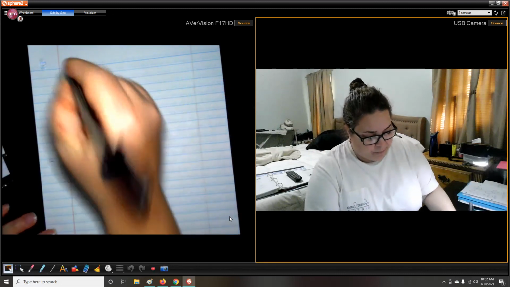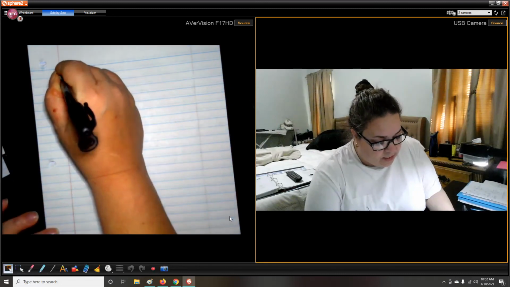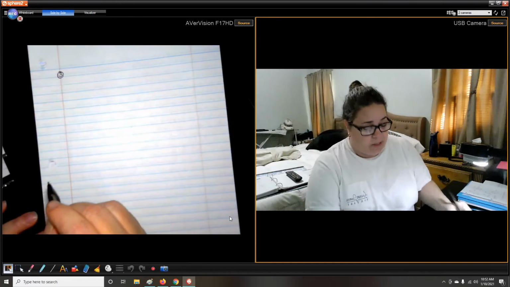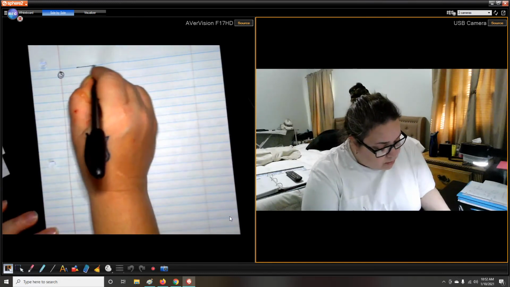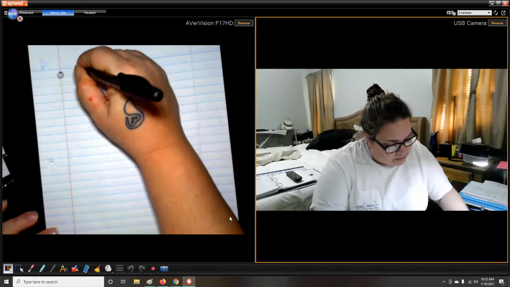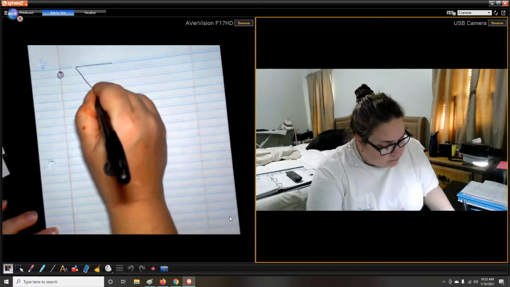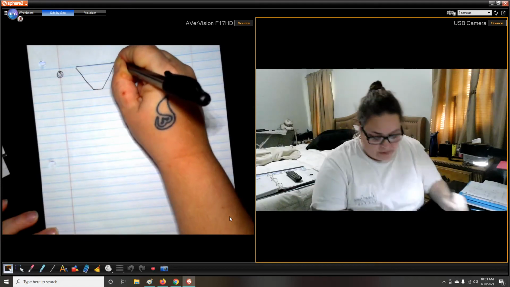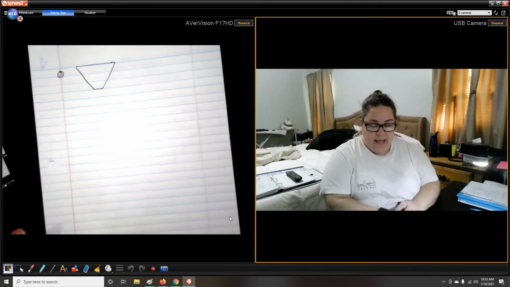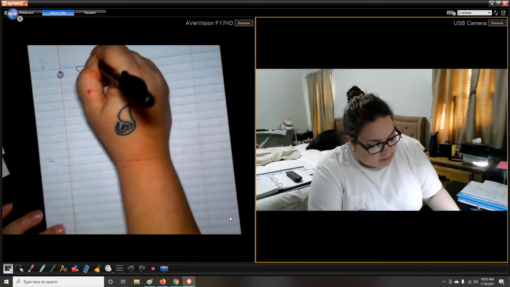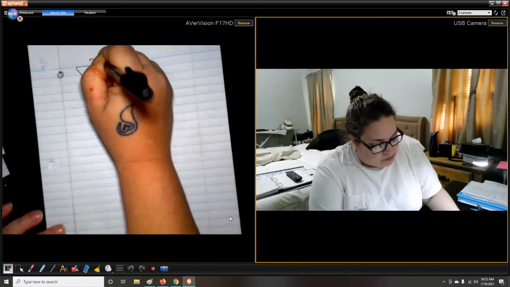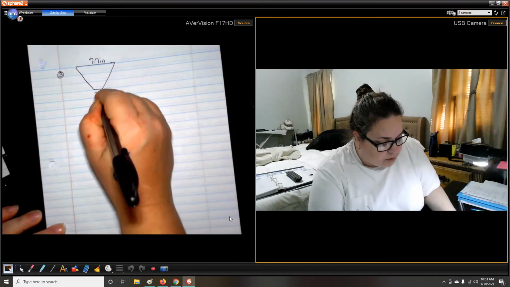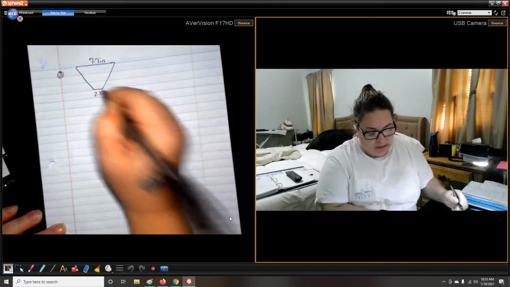I have 1 more. Okay, so this one is more of that traditional shape that we had before, except it's going to look a little upside down. Okay? And we're going to make this 7.7 inches. And this is going to be 2.3 inches.